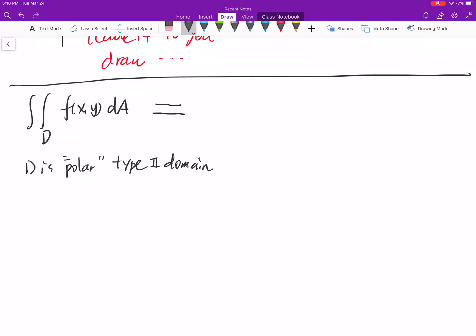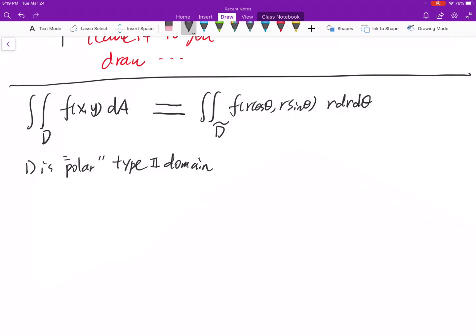Then first we can use the general formula to transform the integral over the xy plane to the polar coordinate plane. So this will be the double integral of f(r cosine theta, r sine theta) r dr d theta.